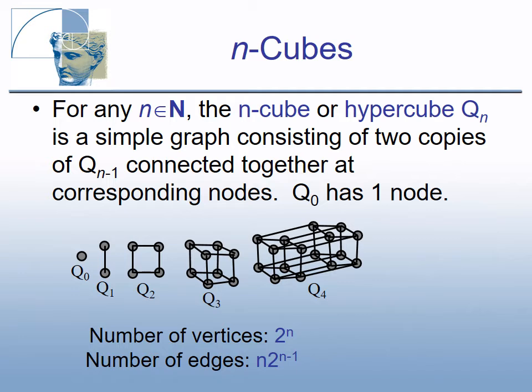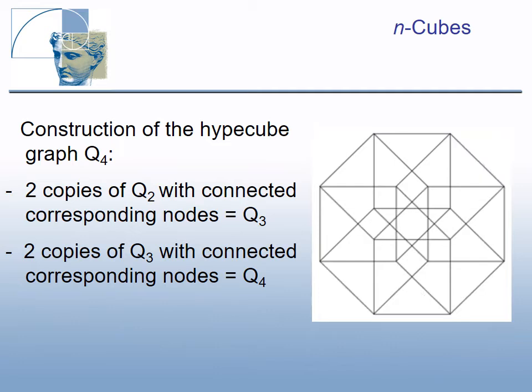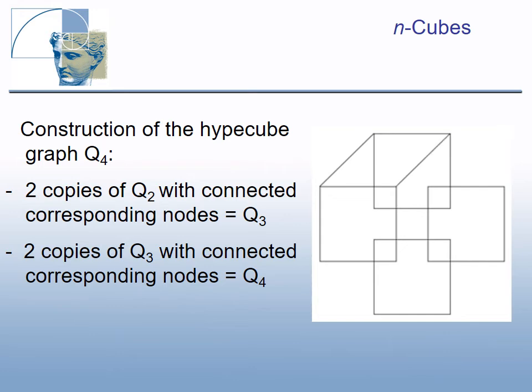Total number of vertices in Qn is 2 power n. Total number of edges is n times 2 power n-1. This slide contains the pretty animation of Q4 construction. Let's look at this one more time.